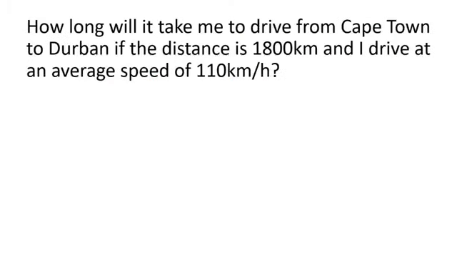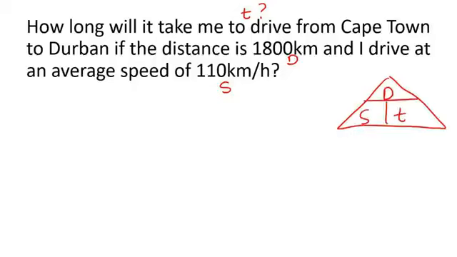This question says, how long will it take me to drive from Cape Town to Durban if the distance, so that's the distance, and I drive at a speed of 110. So they want to know how long, so what is the time? So if you look at the DST triangle, they want us to find time.